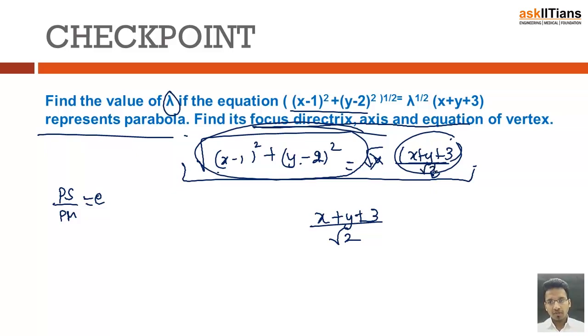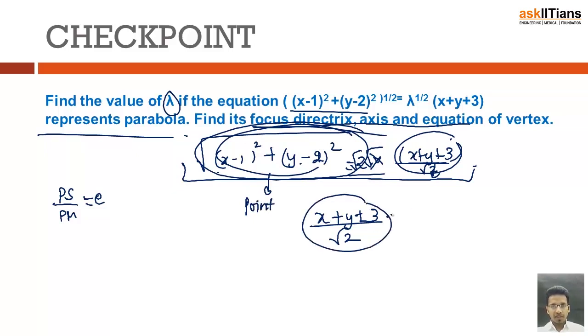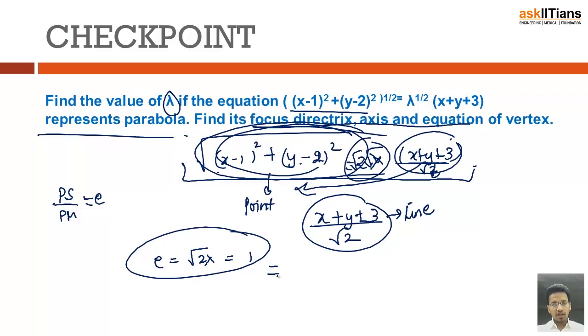So if I divide this by root 2 and this into root 2 lambda. Okay, so now from here I can see that this is the distance from a point, and this is representing distance from a line. So the ratio of them, E, will be equal to root 2 lambda, and for a parabola we know that this should be equal to 1. So clearly lambda should be half.